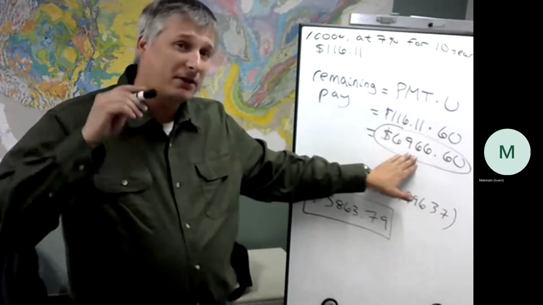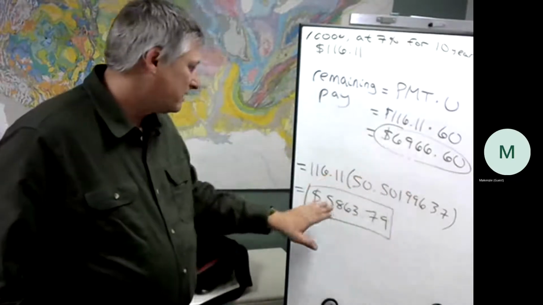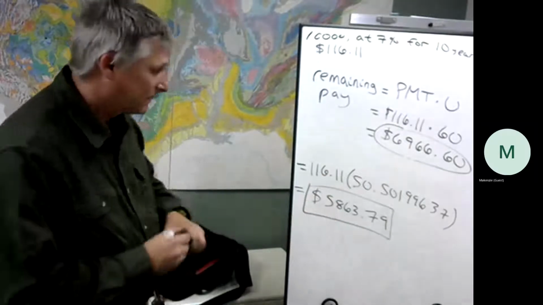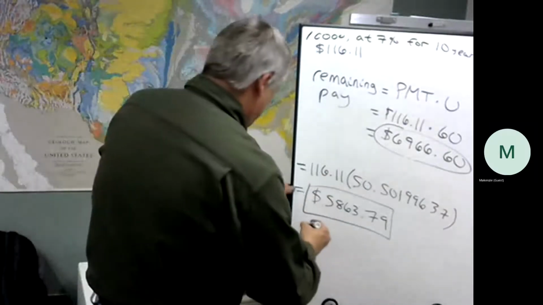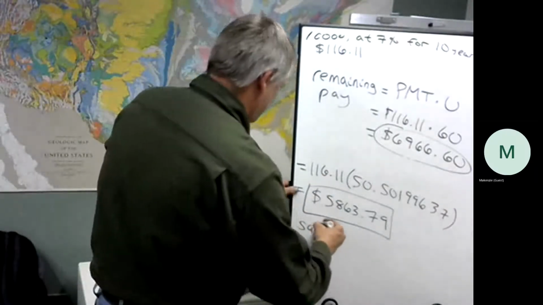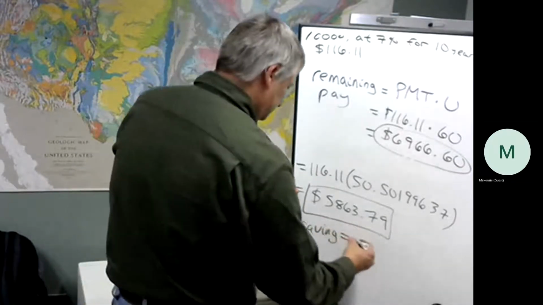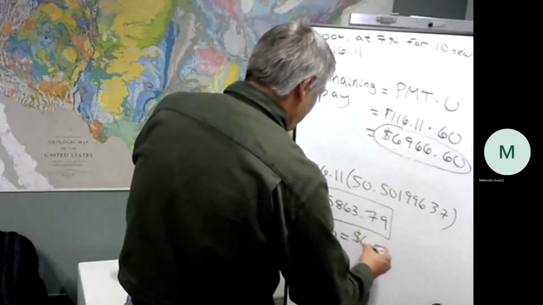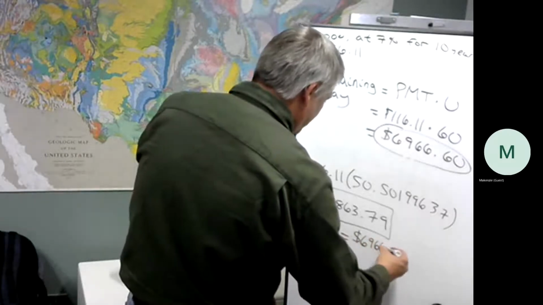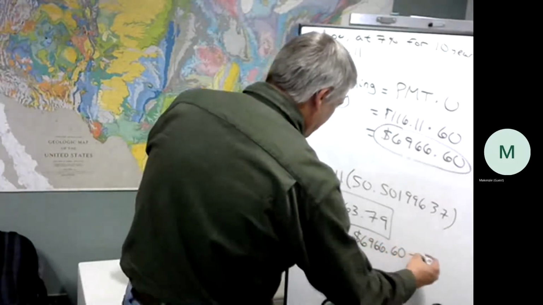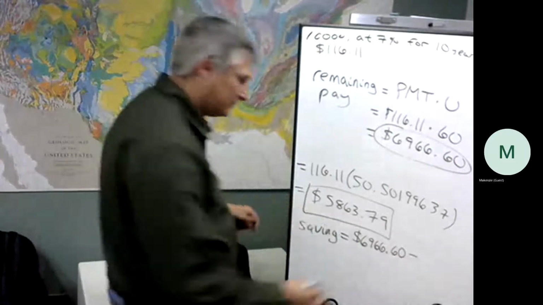But if we pay everything off now, this is how much we're paying. So how much are we saving? It's what we would have paid minus the payoff amount.